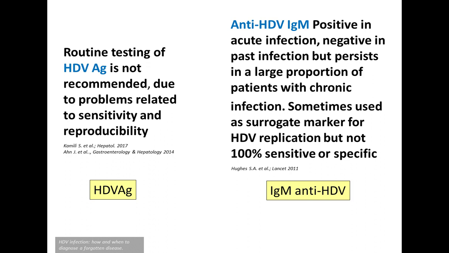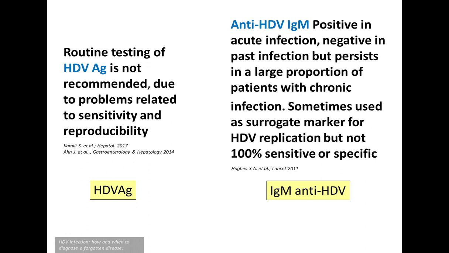And regarding IgM class antibodies, although this is an initial marker of recent exposure to the virus, the IgM class antibodies may persist in a large proportion of patients having chronic infection. Consequently, it's not always a marker of acute infection.